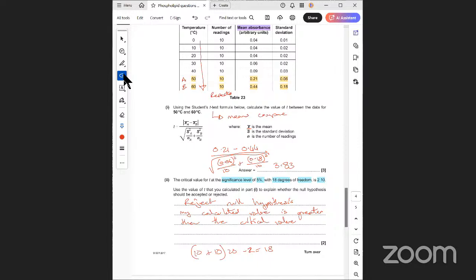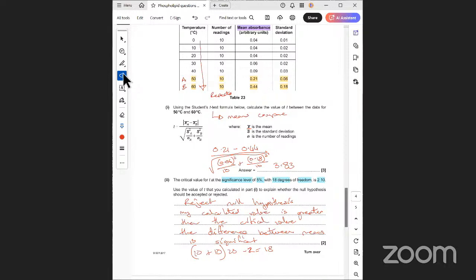So what does that actually mean? The fact that my value of 3.83 is greater than 2.10 means that the difference is significant. So the difference between the means is significant. So that's important whenever I answer a question like that.